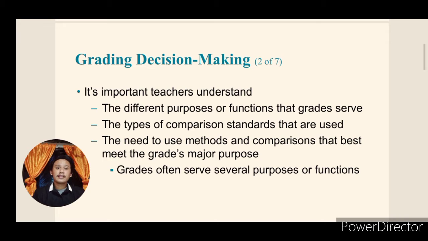In making grading decisions, it is very important that teachers understand the different purposes or functions that grades serve, the types of comparison standards that are used, and the need to use methods and comparisons that best meet the grade's major purpose. It is important that teachers are aware of these things so that they can grade their students properly.